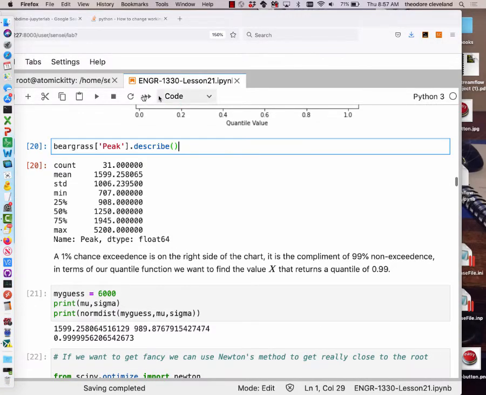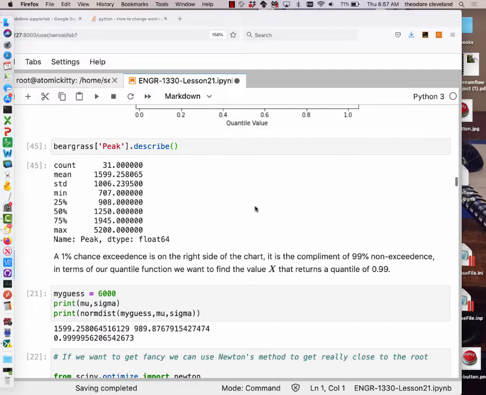So let's go ahead and describe our data. We have a mean value of 1,600, standard deviation of 1,000. The biggest observed in the data is 5,200, so we can't even answer questions about 6,000 or bigger.